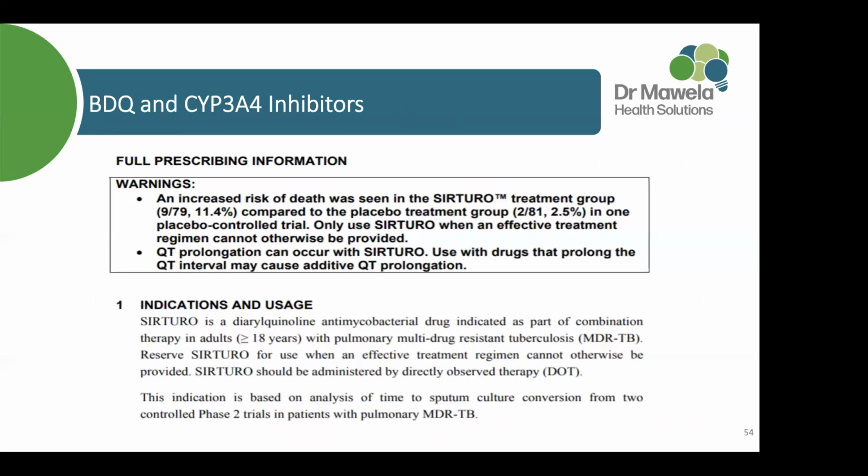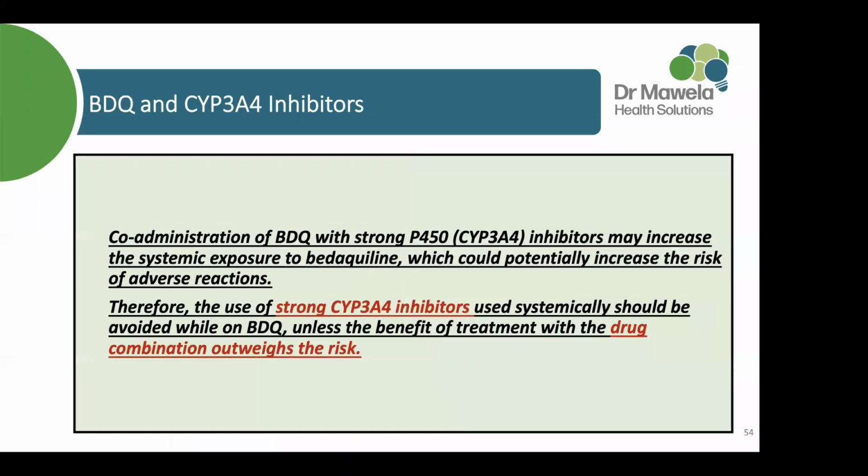The second piece now. We're talking about bedaquiline. We know that it is associated with some cardiac arrhythmias, with QT prolongation, sometimes even leading to death. This is a side effect we know. That's why we must do ECGs for these patients on a monthly basis as long as they're taking bedaquiline.